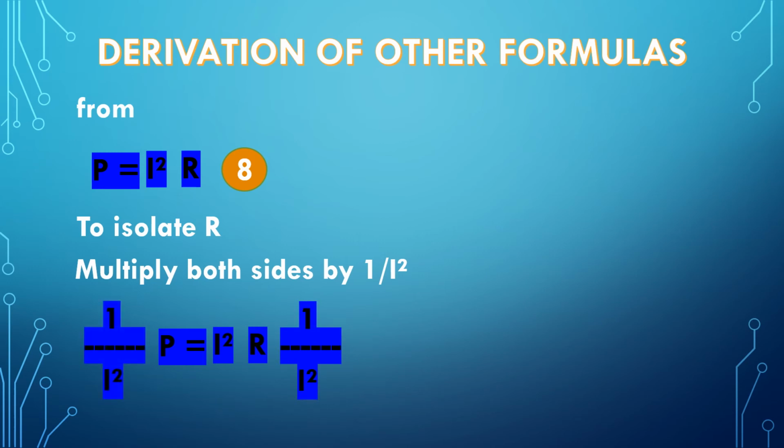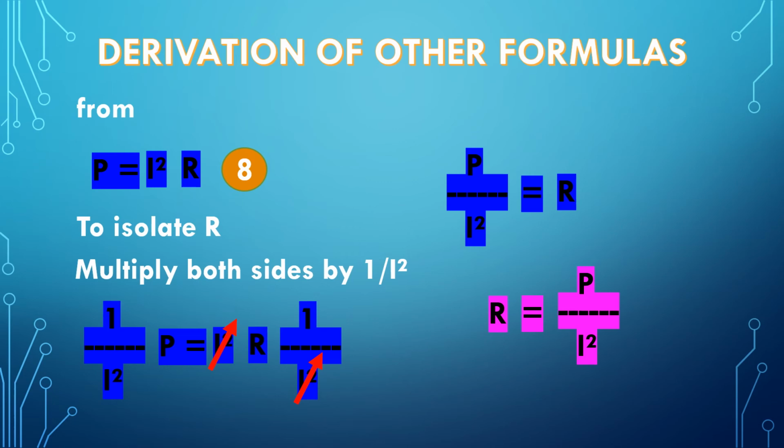In the left side also multiply 1 over I squared. So I squared and I squared here is cancelled. So what remains is P over I squared is equals to R. Or we can rewrite it as R is equals to P over I squared. This is now our equation or formula number 12.